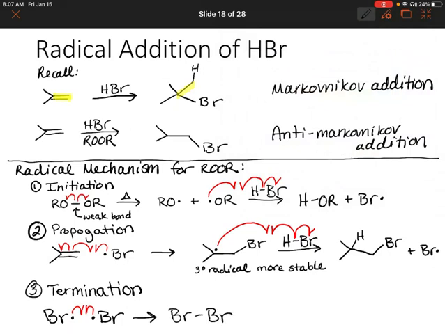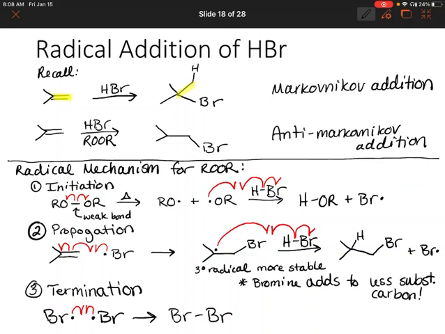There we go. All right, so really the important steps here are the initiation step, where we form our bromine radical, and then the propagation step, where the bromine adds to the less substituted carbon. So let's actually make a note of that: adds to less substituted carbon.